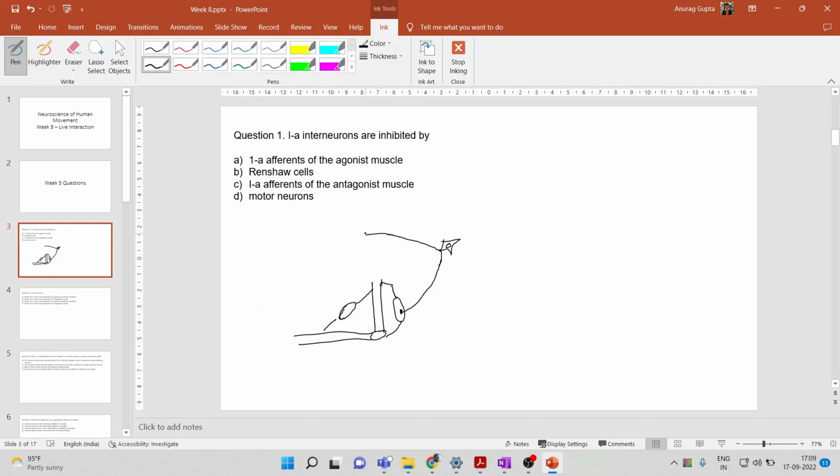One thing to remember is that the afferents are always excitatory.